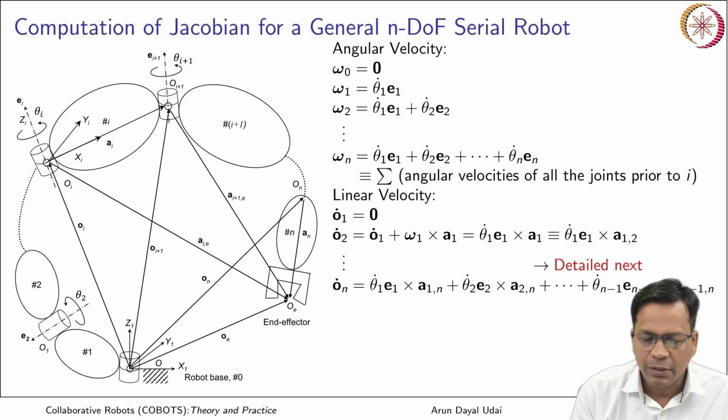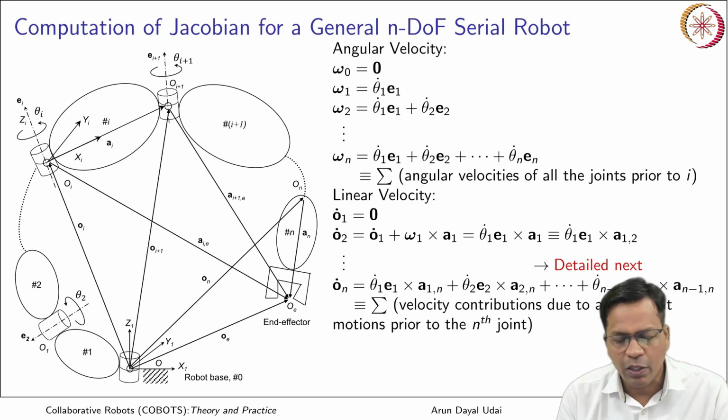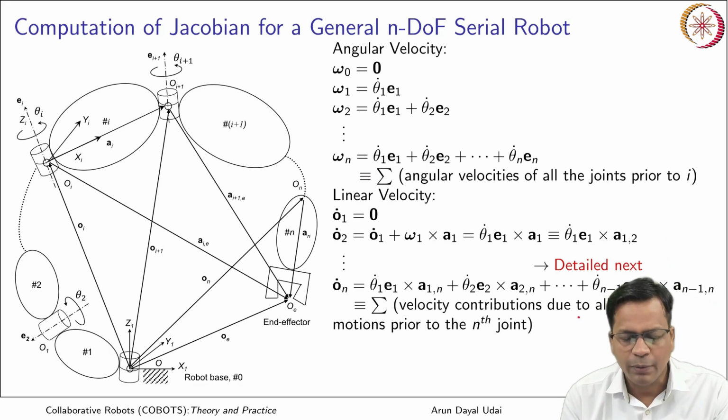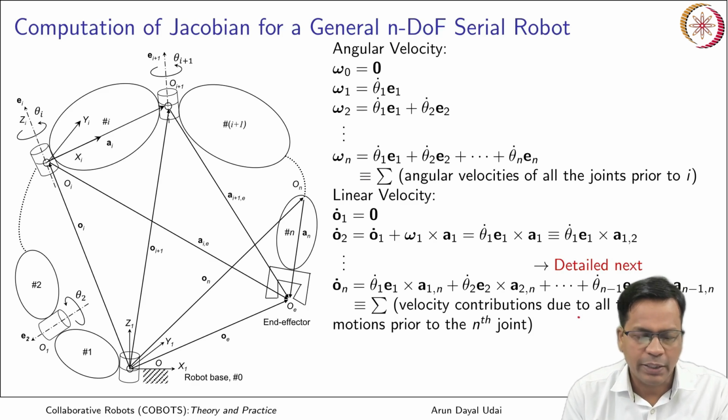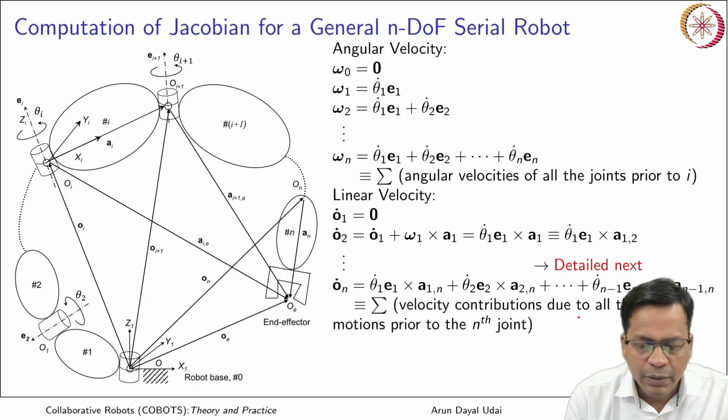And in case this continues further, it goes like this. So final omega n would be equal to this, and what is this actually? It is velocity contributions due to all the joint motion prior to the nth joint. Let us say you are at a nth joint, that is over here.